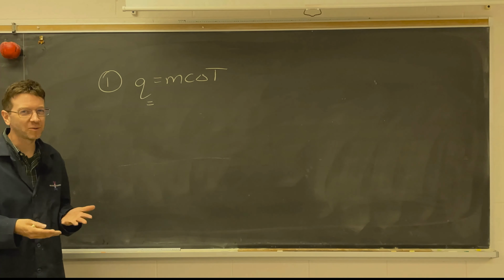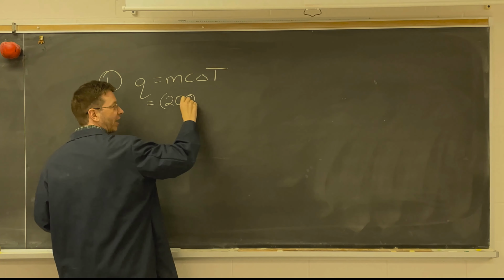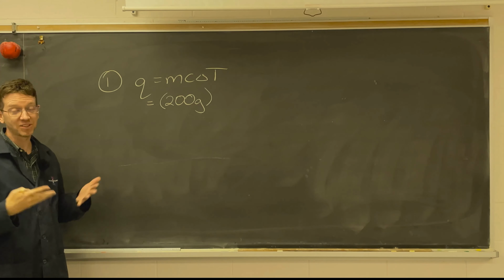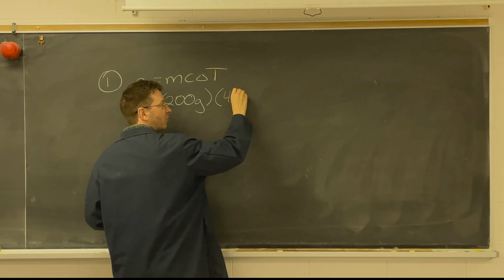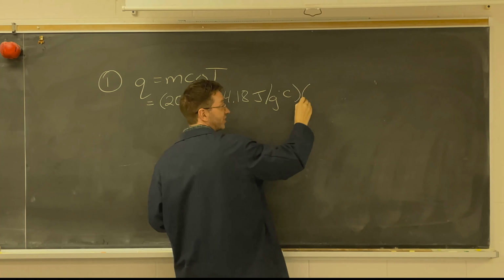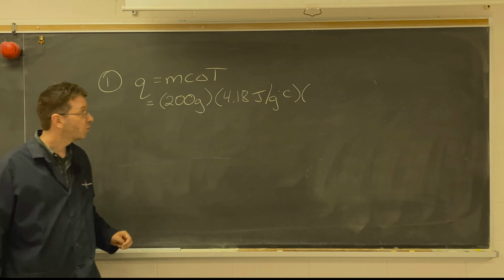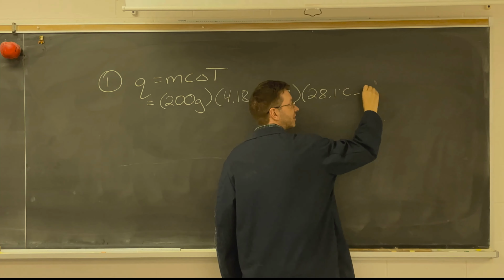The ions really don't make that much of a difference. So I'm going to say 200 grams. And again, the energy that's released is heating up the solution, which is pretty much water. So I'm going to use 4.18 joules per gram degrees Celsius for c. And then our temperature increase was from 21 to 28.1, so final minus initial.